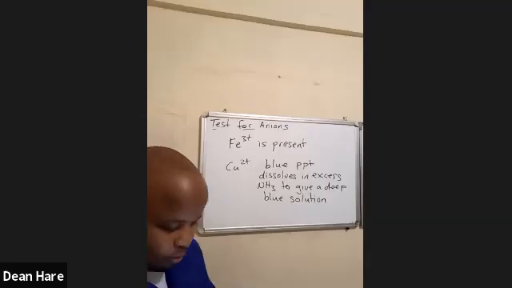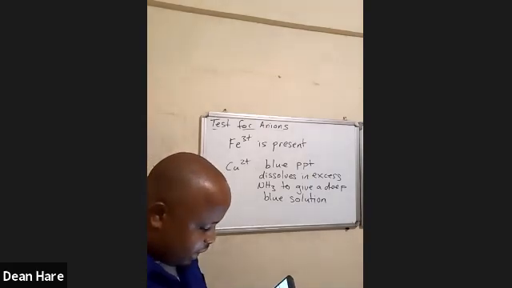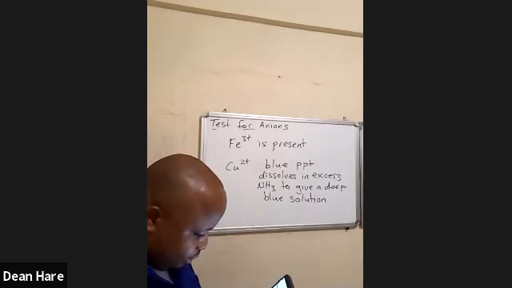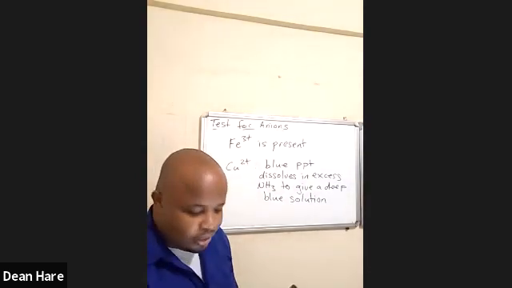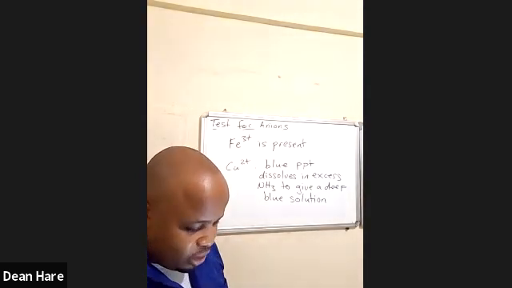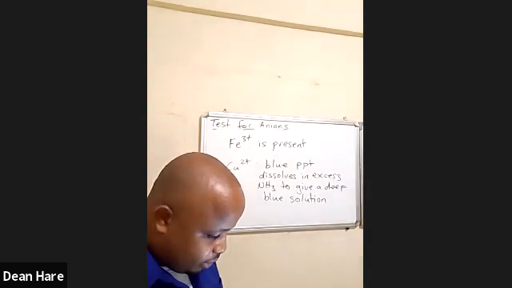All right, the second part now, test 2. It says a strip of magnesium ribbon is added, and below that, aqueous sodium hydroxide is added to the mixture until in excess. When you get a question, pay attention to everything that you're given.